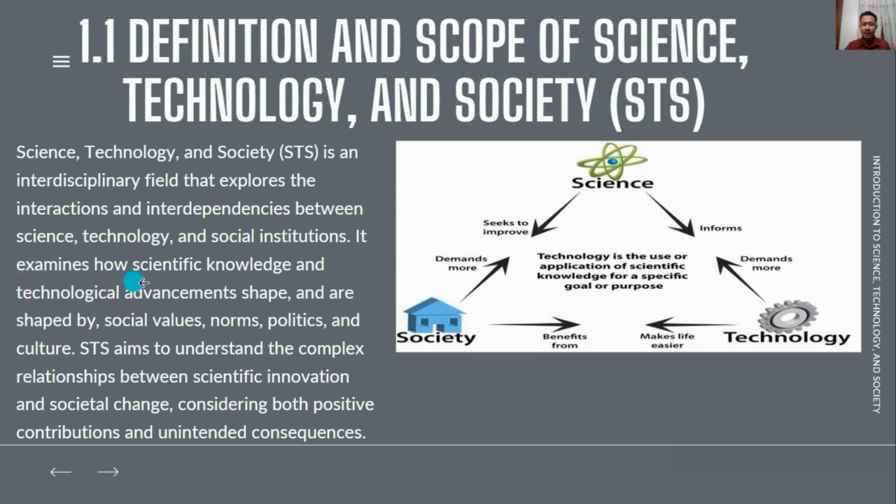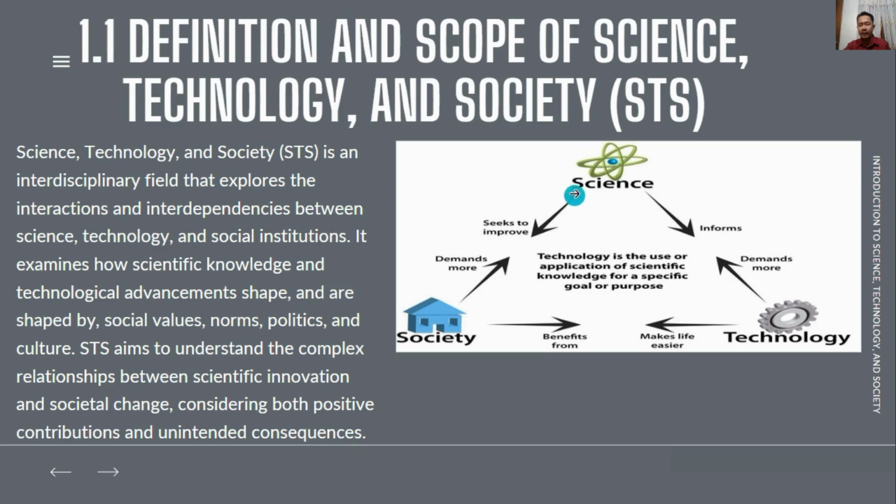It examines how scientific knowledge and technological advancements shape and are shaped by social values, norms, politics, and culture. It aims to understand the complex relationships between scientific innovation and societal change, considering both the positive contributions and unintended consequences.